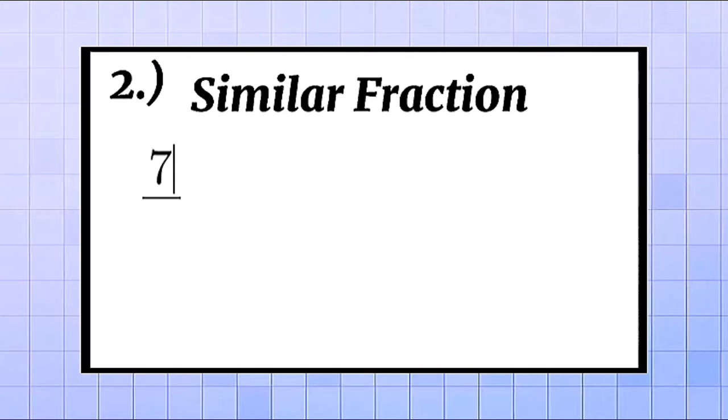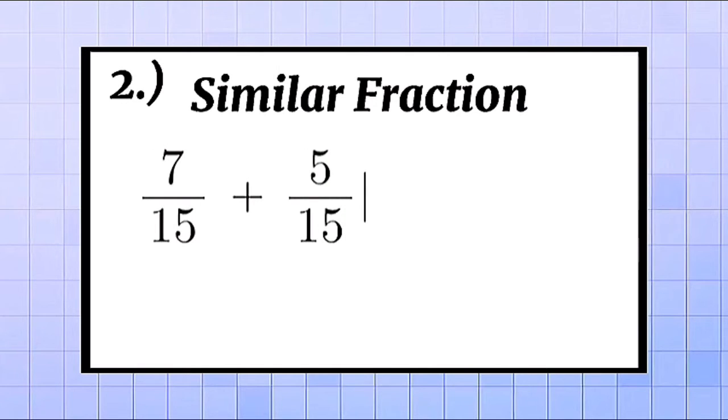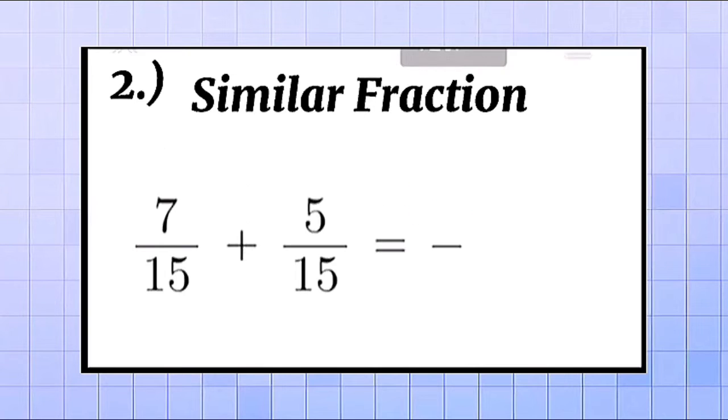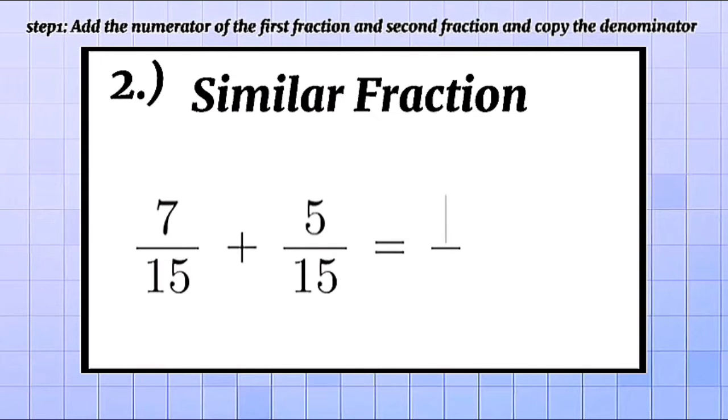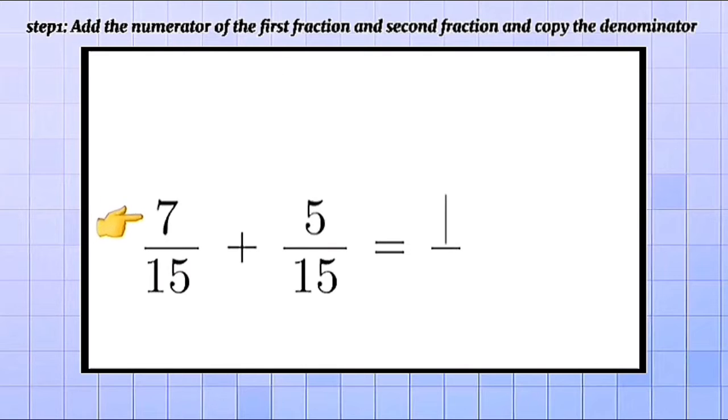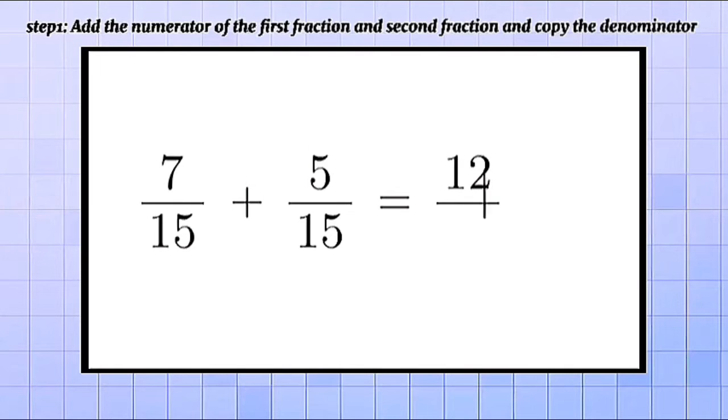Next, we have 7/15 plus 5/15. So, how can you solve it? Again, in adding similar fractions, we first add the numerator of the first fraction, 7, to the numerator of the second fraction, 5. 7 plus 5 is 12, and copy the denominator 15.